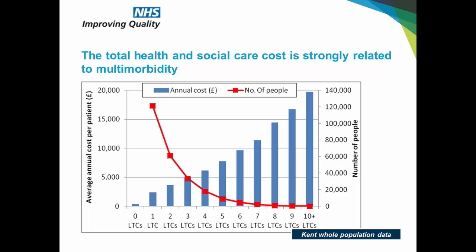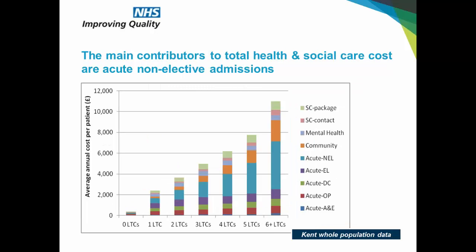So you can see where the costs are starting to come. And when you look at the main contributors to health and social care costs, you can see that it's the acute, it's the emergency admissions that are causing the majority of that cost.